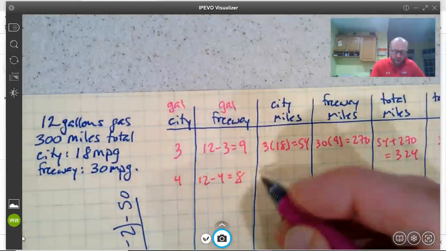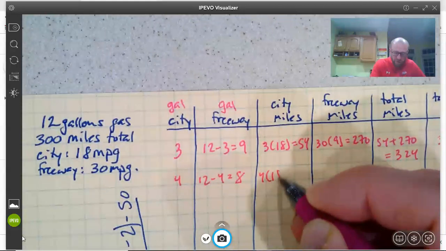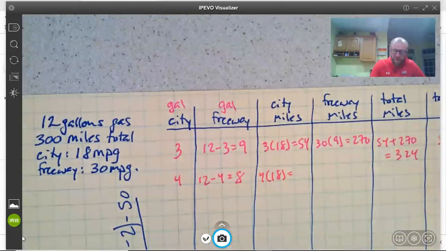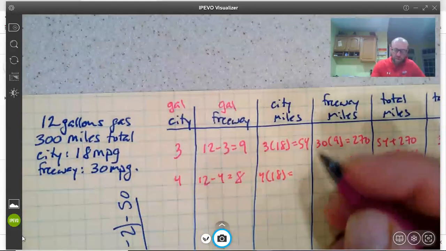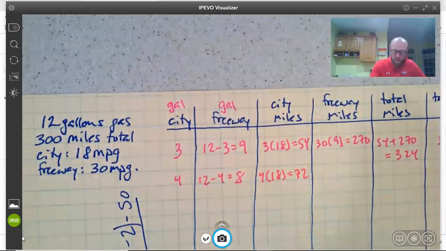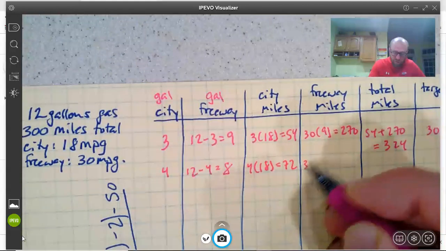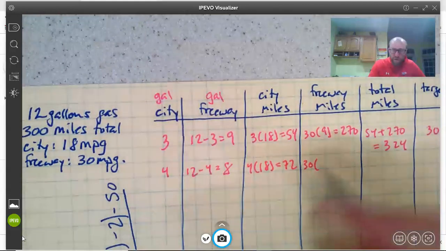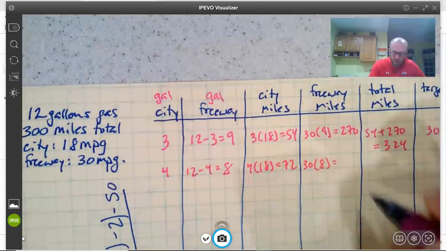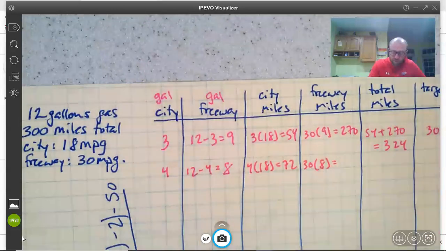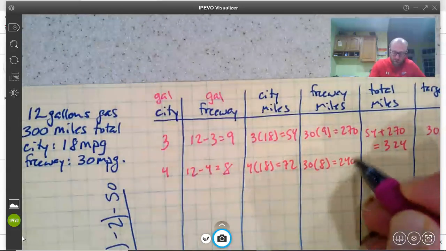For city miles, well, 4 gallons times 18 miles per gallon equals 72. And on the freeway, we'll have 30 miles per gallon times 8 gallons equals 240.